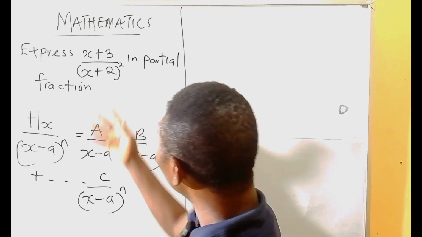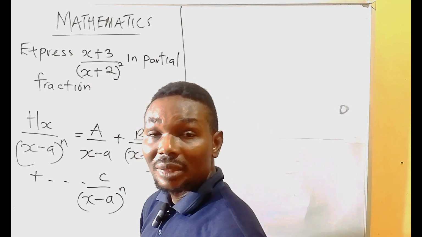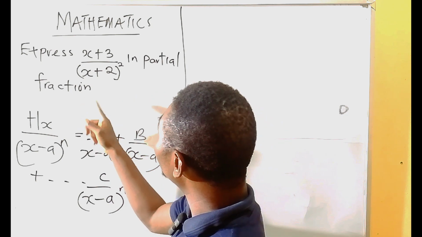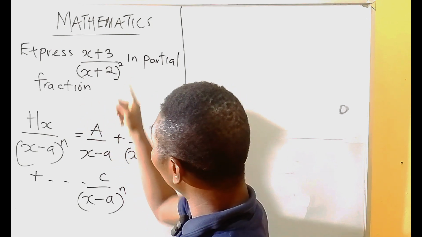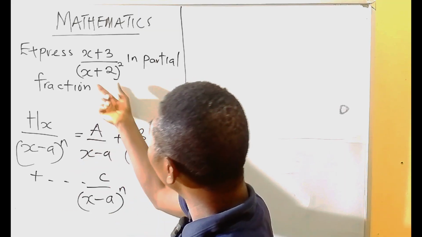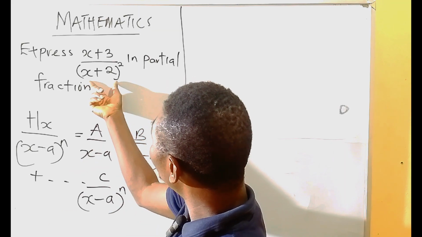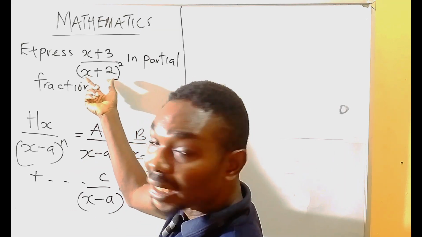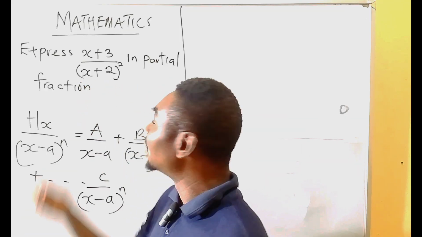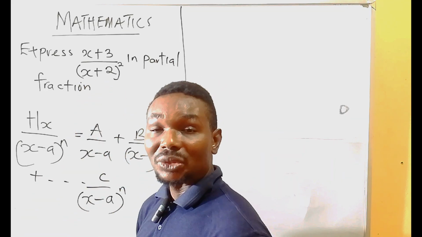Now, let's consider this problem. Express (x plus 3) over (x plus 2) raised to the power of 2 in partial fractions. If you look at the denominator, you will discover that it has a repeated root or a repeated factor.